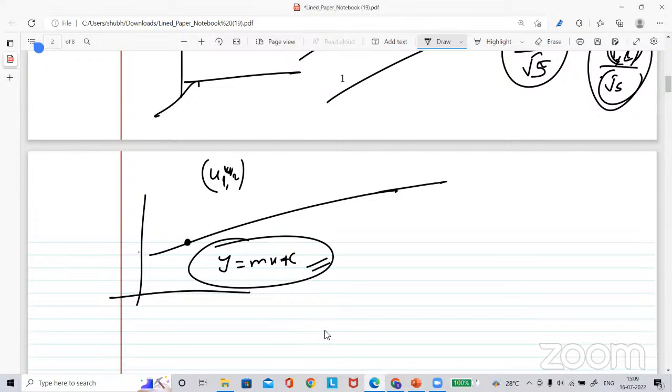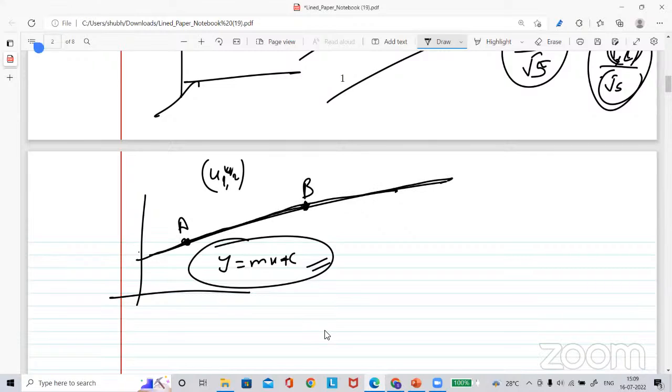Let me tell you. Suppose you take a point on this line, and take another point on this line. Whenever you draw a line using these 2 points, it will give the same line. This line is only possible passing through these 2 points.